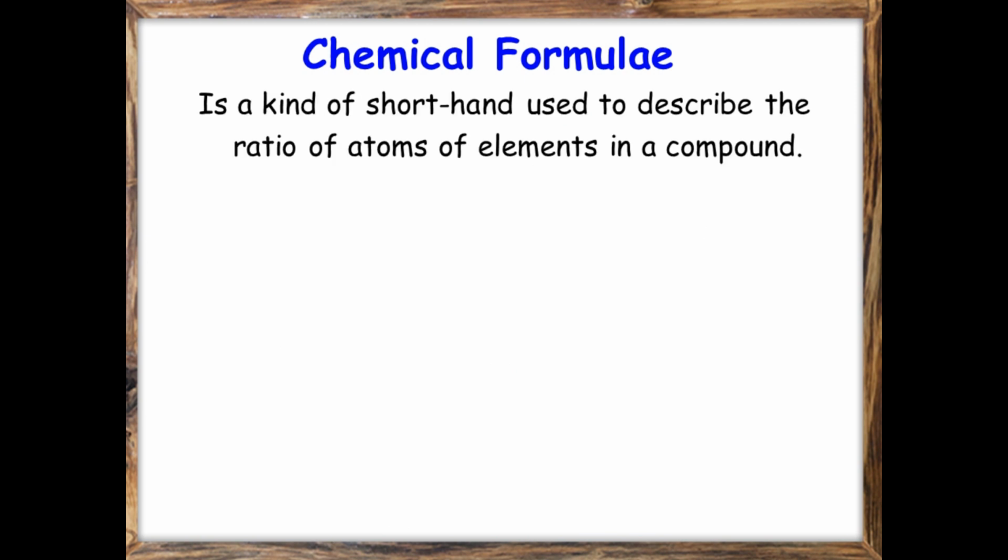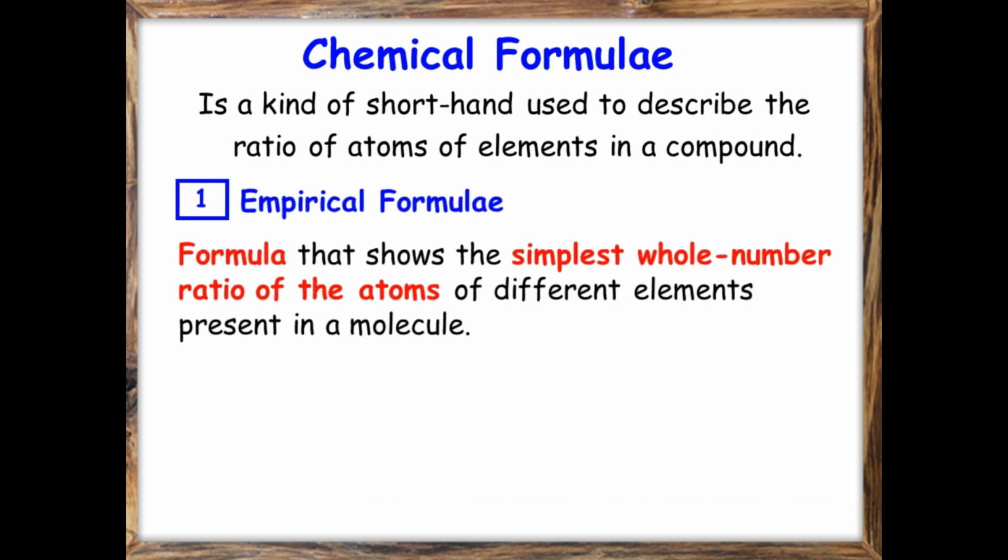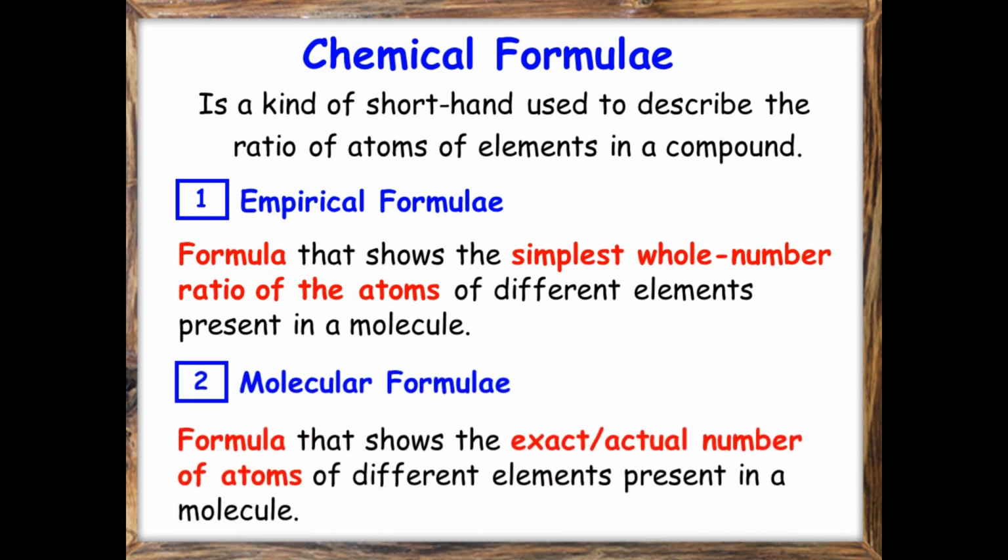Chemical formula is a kind of shorthand used to describe the ratio of atoms of elements in a compound. Empirical formula is a formula that shows the simplest whole number ratio of the atoms of different elements present in a molecule, while molecular formula is a formula that shows the exact or actual number of atoms of different elements present in a molecule.